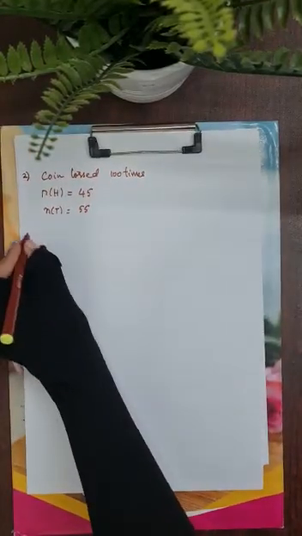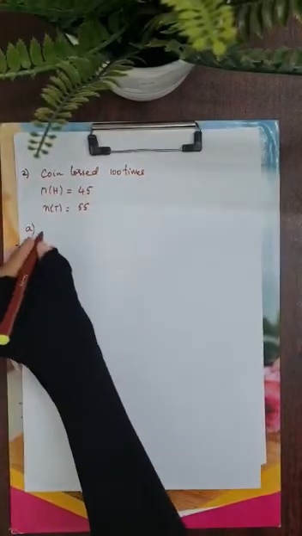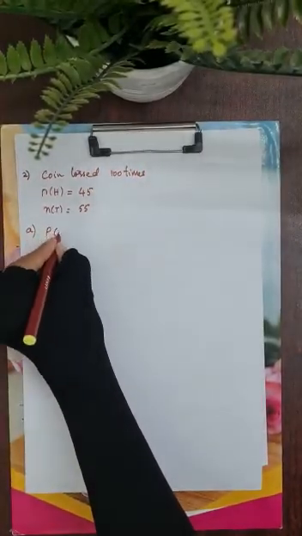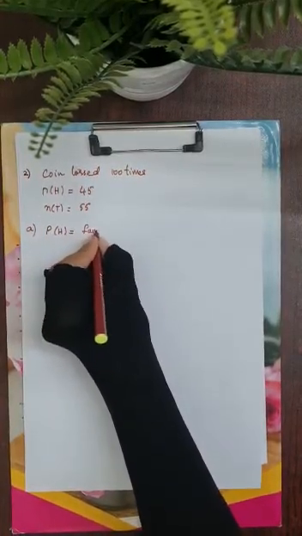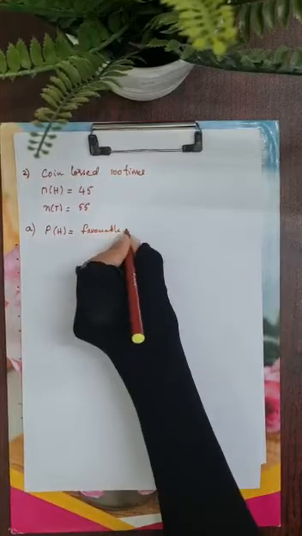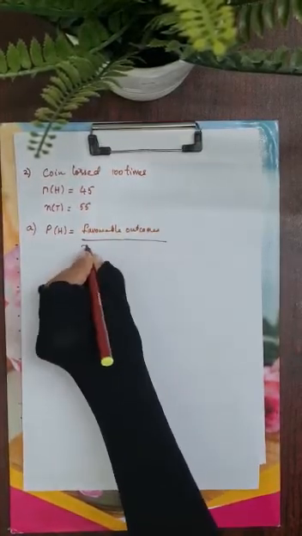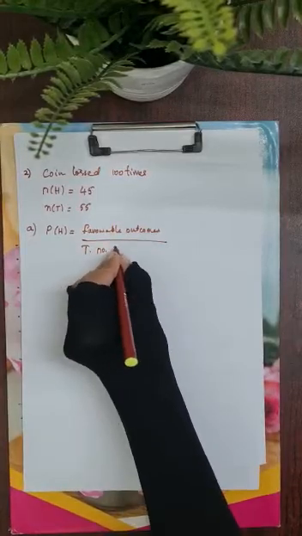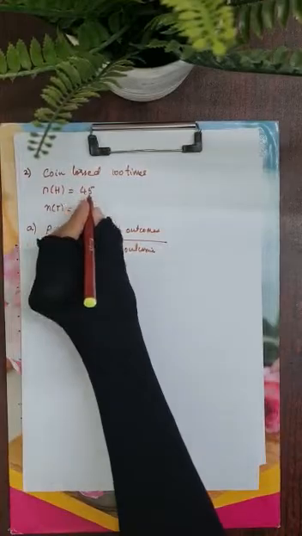Now the first bit. Find the probability of each outcome. So the first outcome is heads. The probability of getting heads is favorable outcomes by total number of outcomes. What is our favorable outcome?